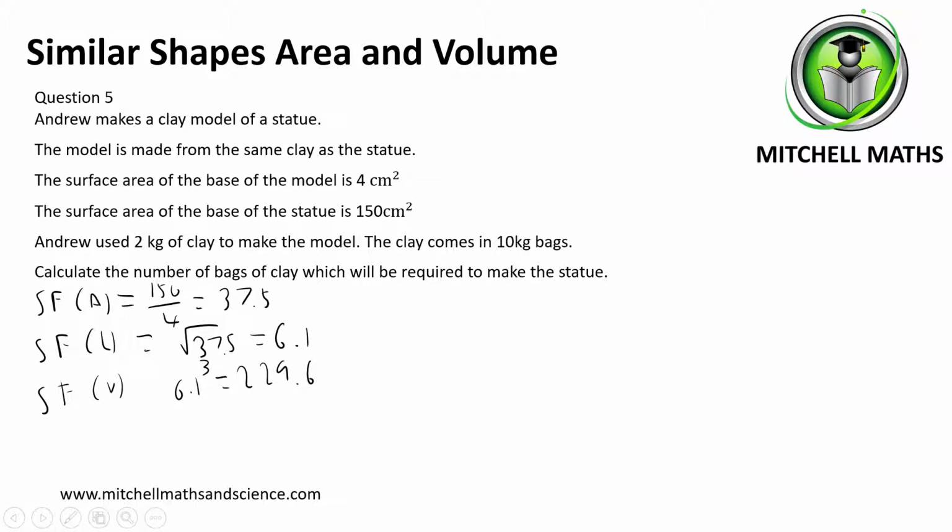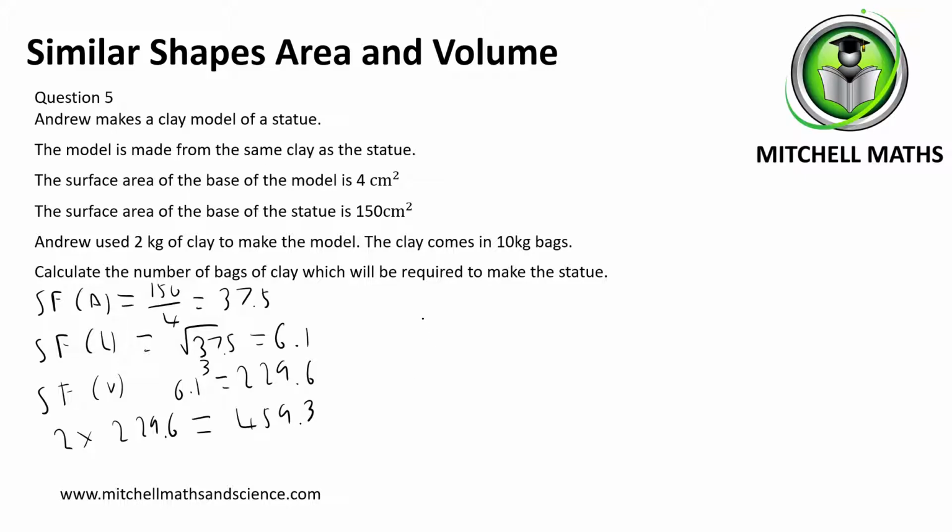Now, you know Andrew used 2 kilograms of clay to make the model. In order to work out the mass he used for the actual statue, you're going to need to do 2 times the scale factor for the volume. 2 times 229.6, or 2 times answer, would equal 459.3.